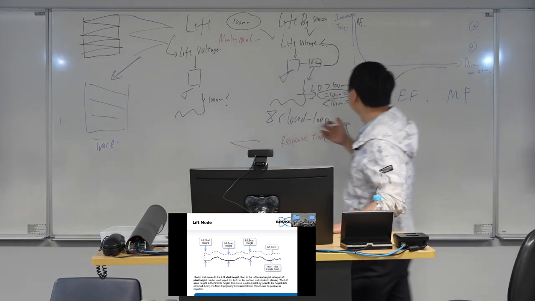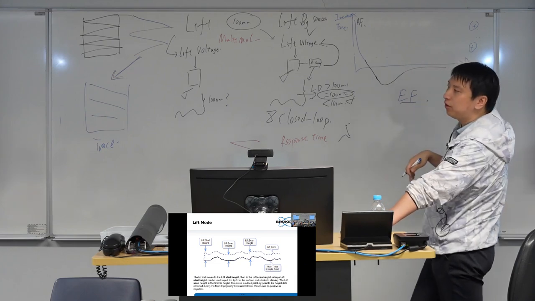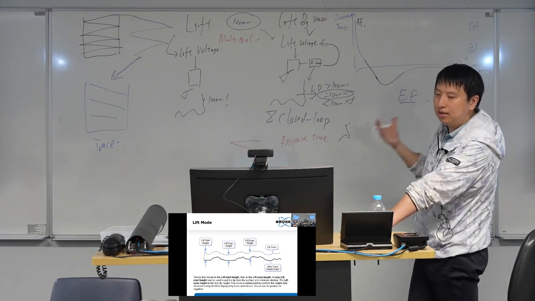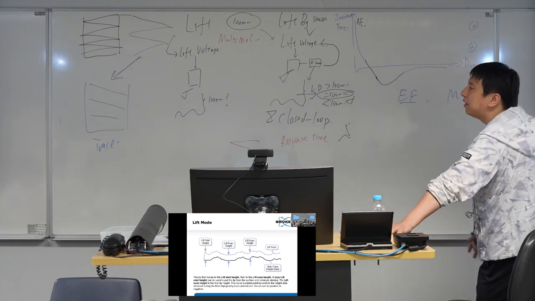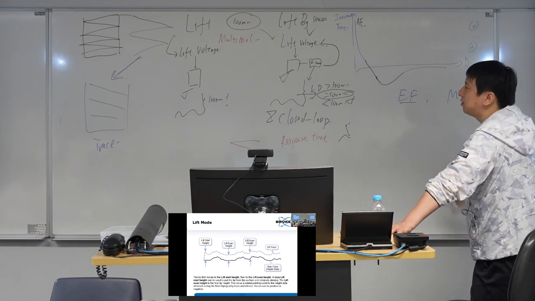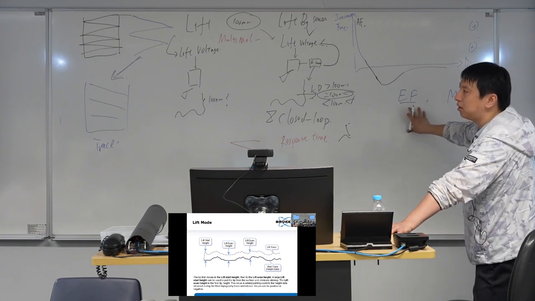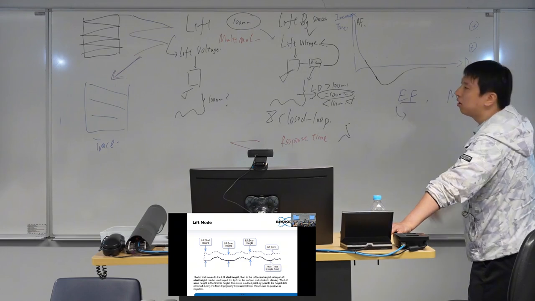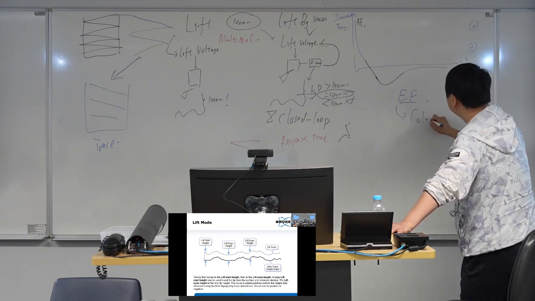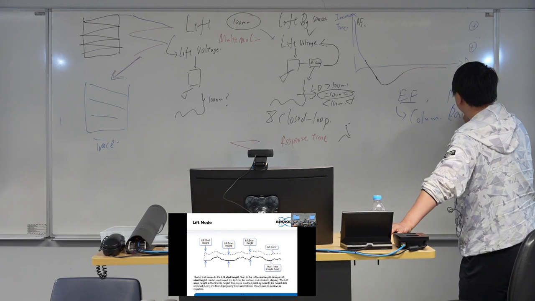Both are interaction forces. For example, for electric field force, the famous rule to define the electric field is Coulomb's law, right?